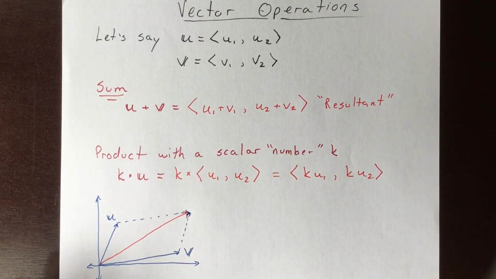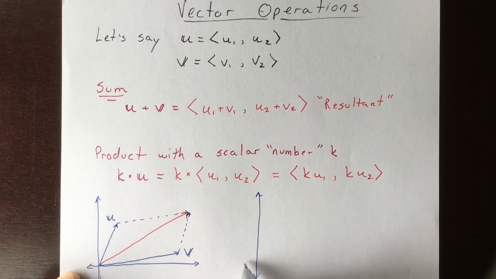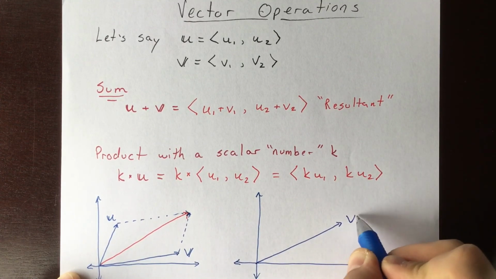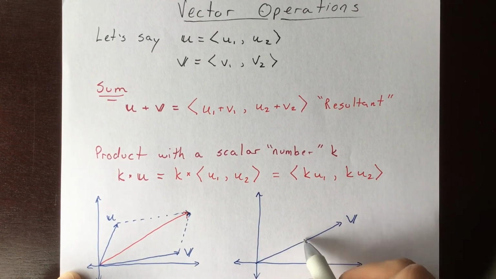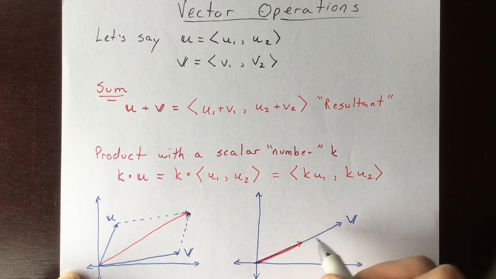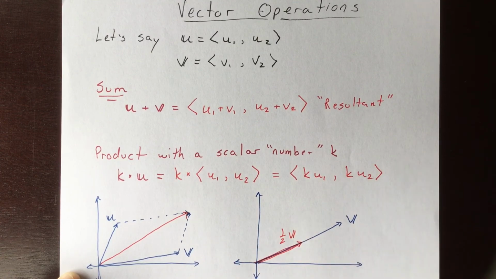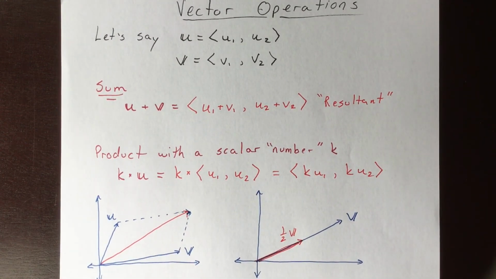So now if I had a scalar, a product, so I imagine if I had for a moment vector v, and I wanted to have a scalar of 1/2, that would take me to right here. The direction did not change, just the magnitude. Okay? So let's end here with some examples.